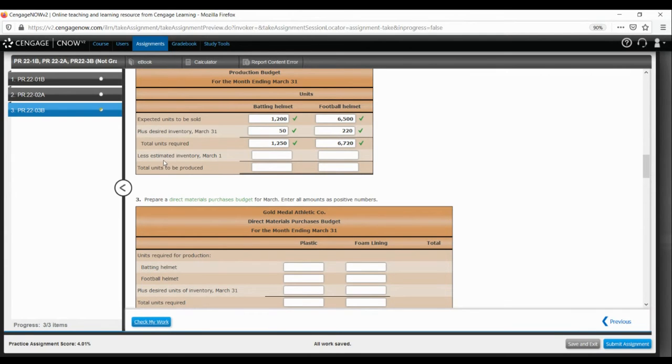And then we're going to look for our estimated amount of beginning inventory. Notice this is beginning inventory, and we're going to be subtracting it from the total units that are required to get the total units that we want to produce for this company.